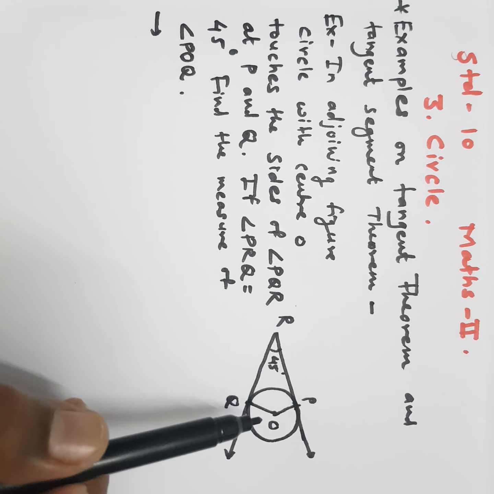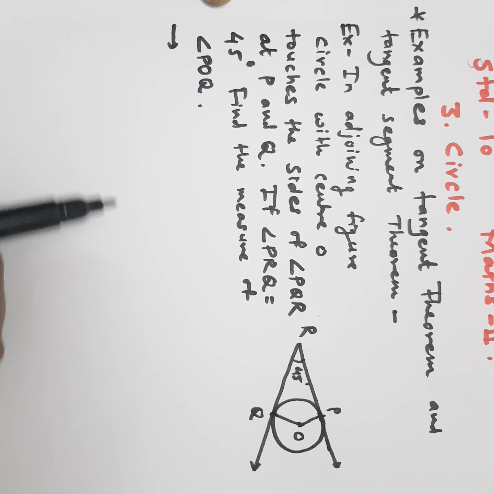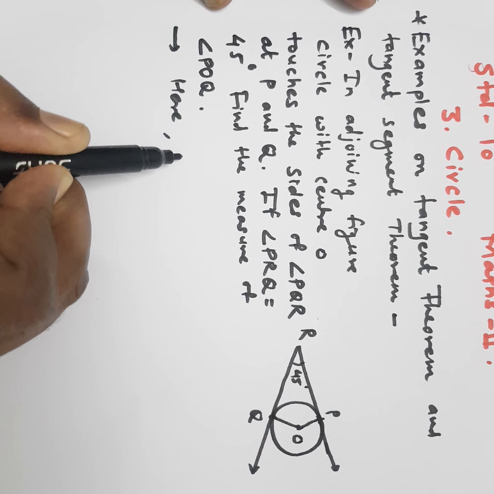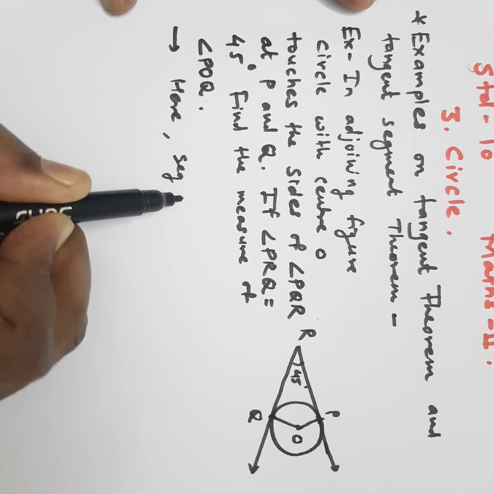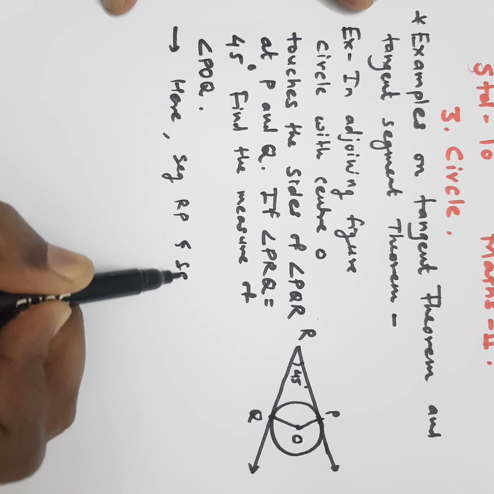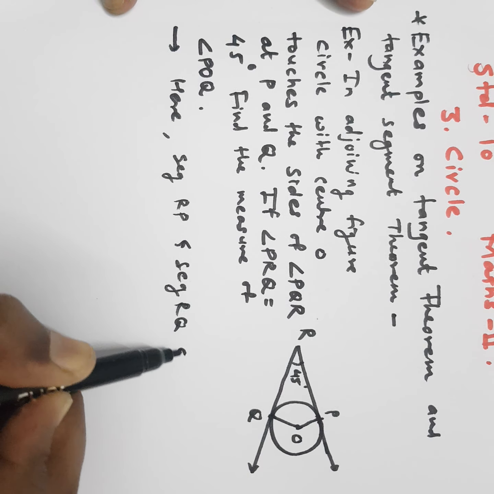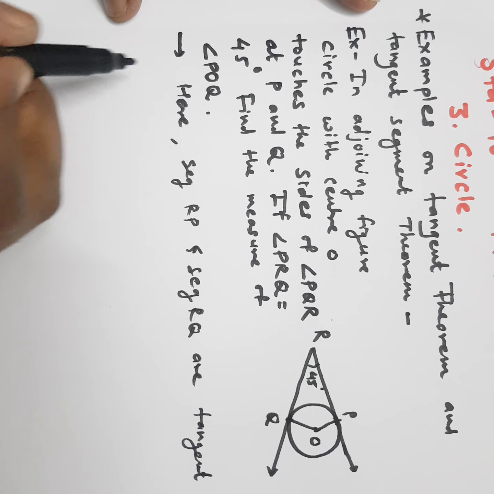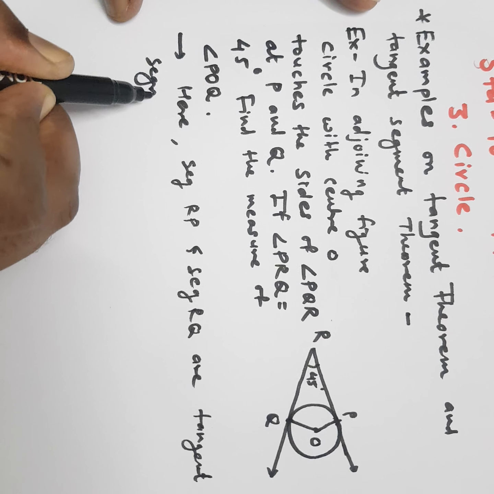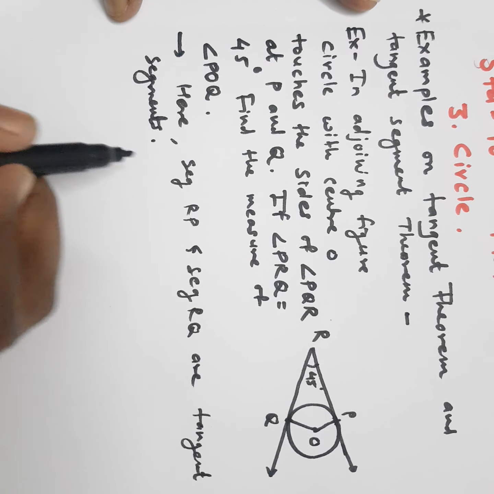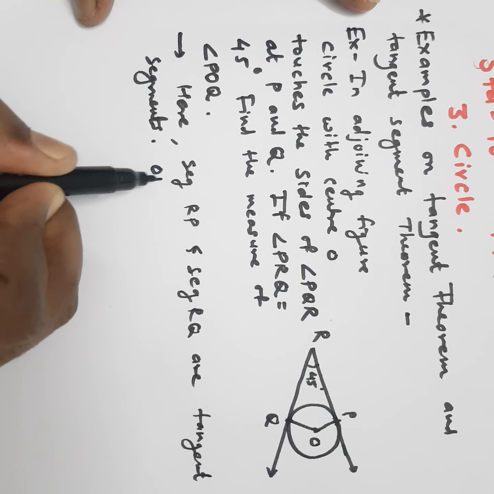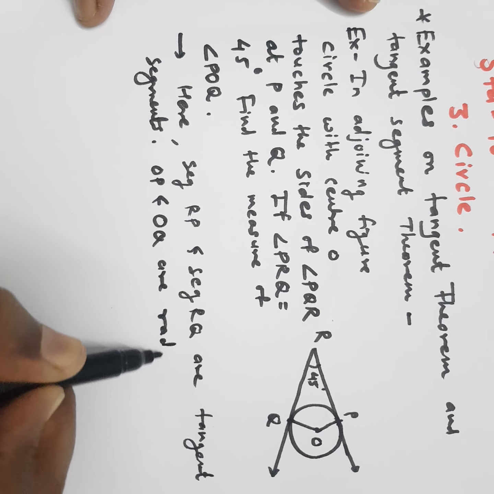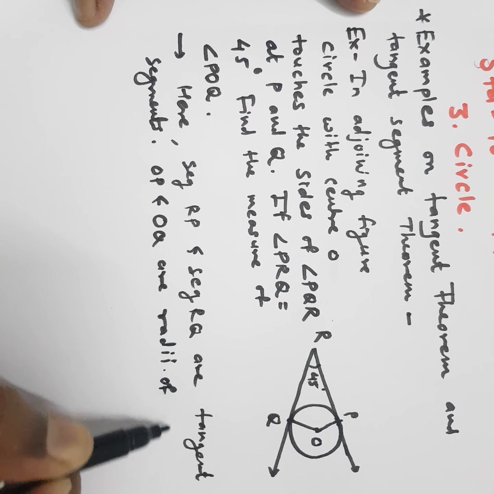Here we know that segments RP and RQ are tangent segments, and OP and OQ are radii of the circle.